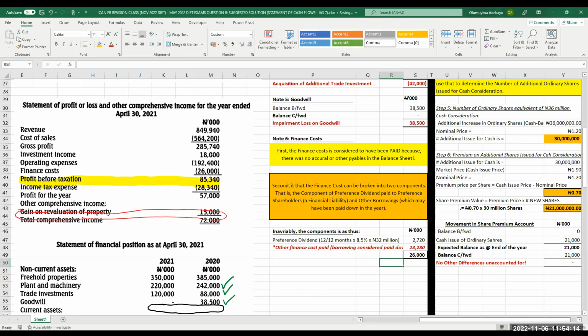Now, let me give you some assumptions I've made so that it can assist you. Even if you decide not to separate it, it's still okay. There's no problem with it, since you are still going to treat it in the same manner.